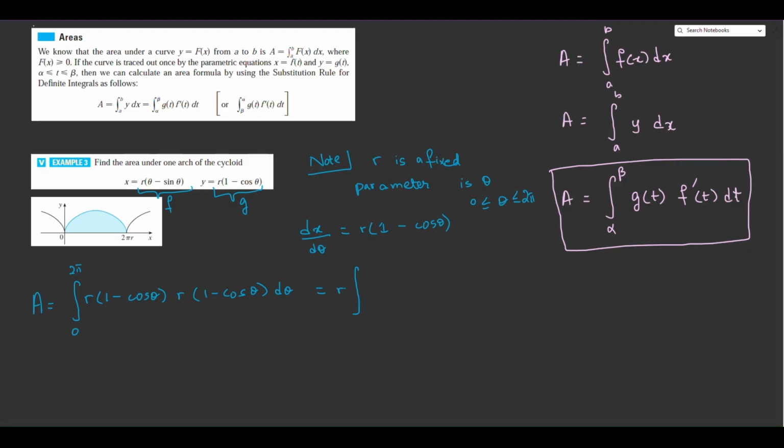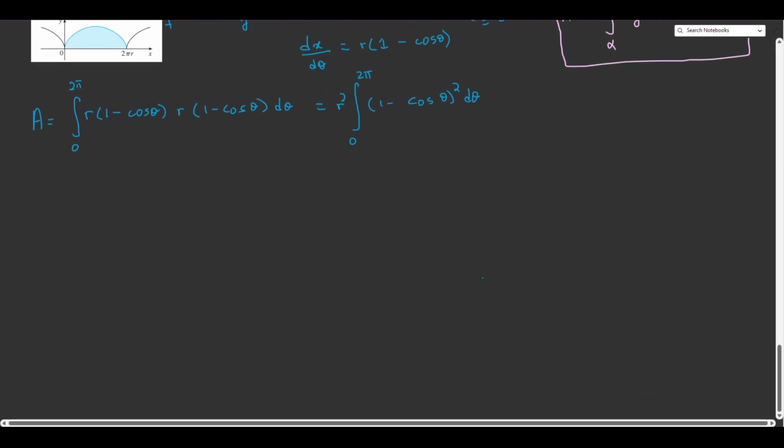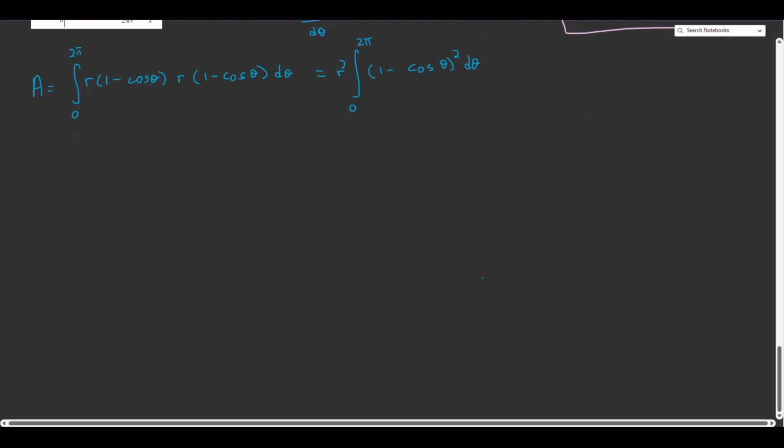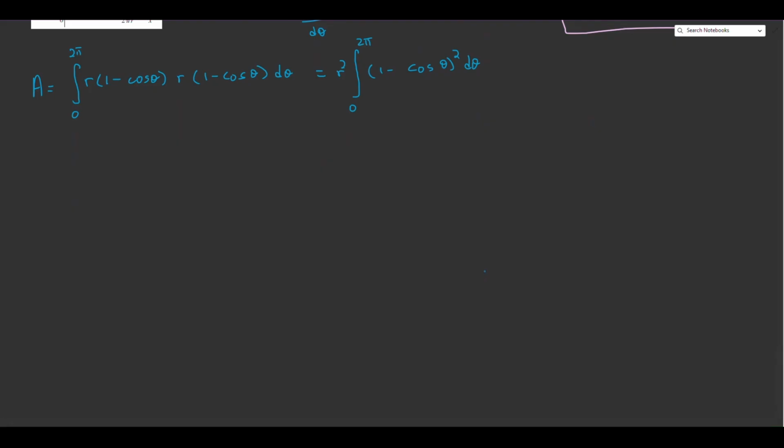R is a constant, so you can write this outside the integration, 0 to 2 pi, and inside we will get 1 minus cosine of theta squared d theta. The next thing is we want to integrate this thing. This you have already done in calculus too, but for the sake of clarity I will do this here.